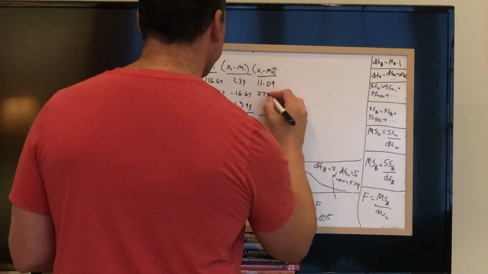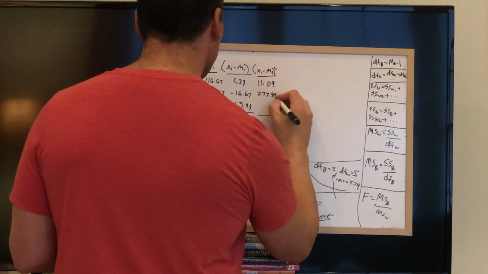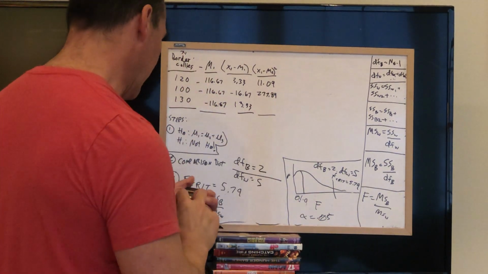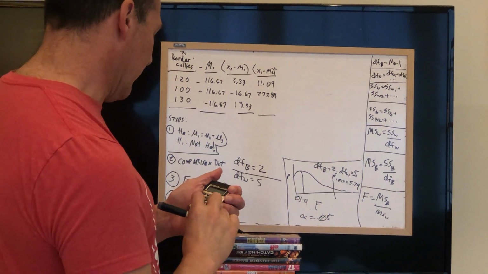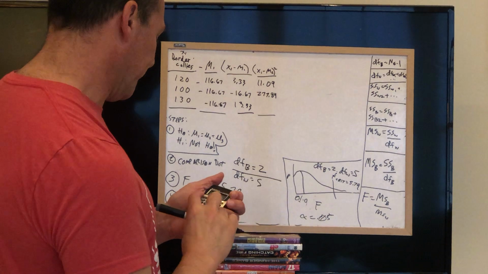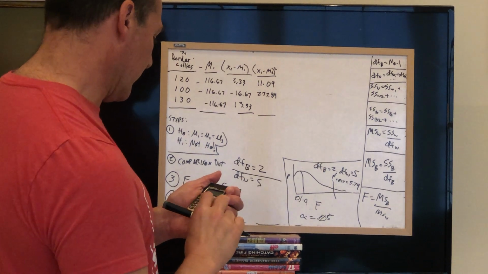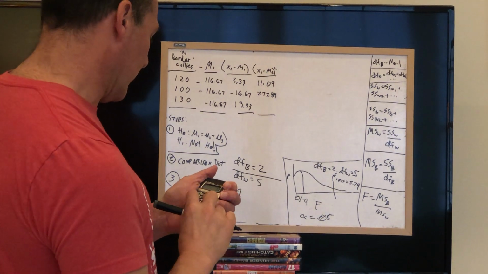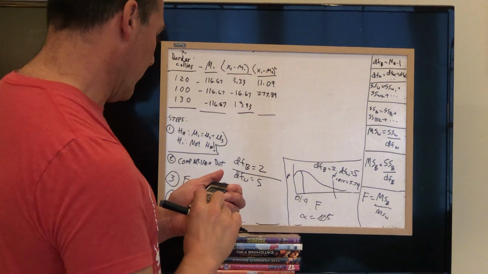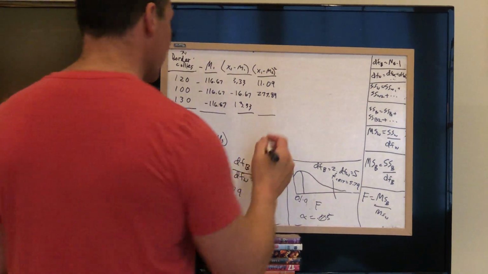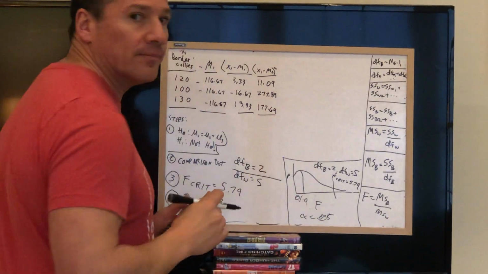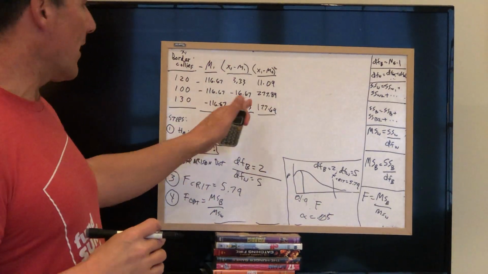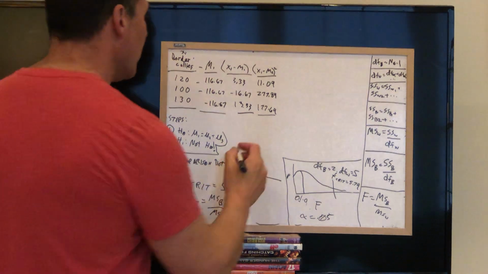It's a whopper. And then finally 13.33 times 13.33 is 177.69. Those are our squared deviation scores.